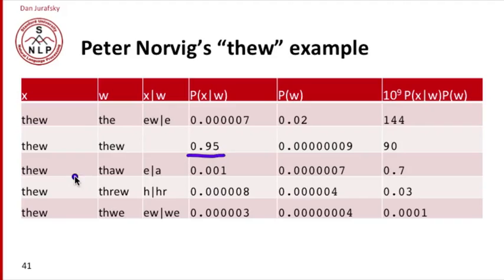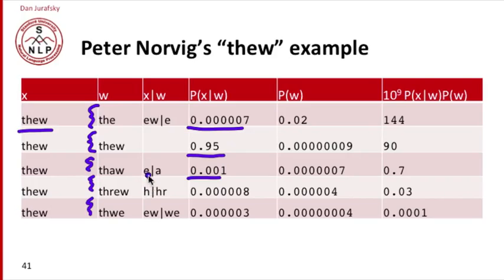So here's an example from Peter Norvig. Again, we have the spelling error thew. We want to know whether it should be the word the, or thew, correct as typed, or thaw, or through, or thwee, and so on. And again, for each one, we generate our channel model, and the channel probabilities are computed exactly the same way as before.